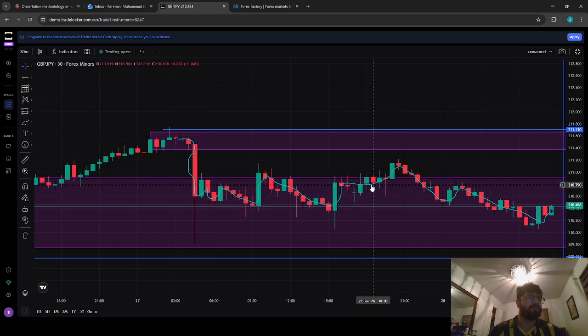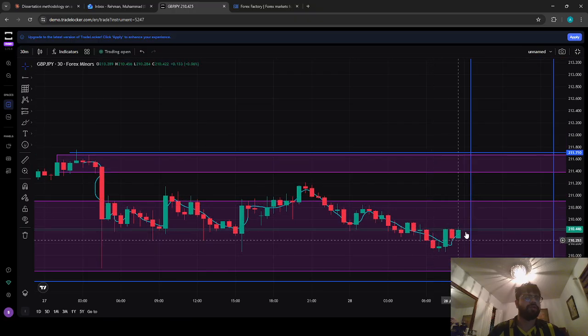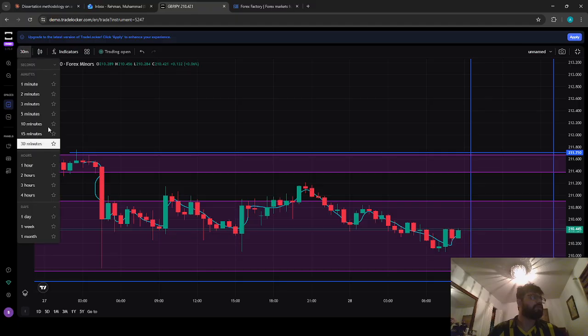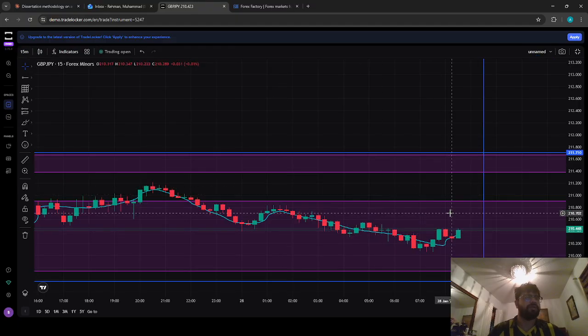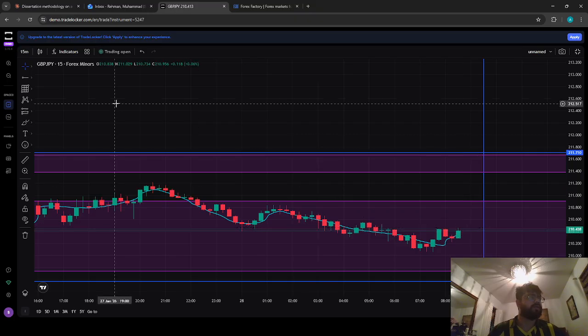And have we broken structure since? Yeah, we broke structure right here. Okay, did we break structure again after that? Broke structure right here. So we're in an uptrend right now as we speak. Let's see if the 15 minutes can confirm that. Yeah, the 15 minutes does actually confirm that. Okay.